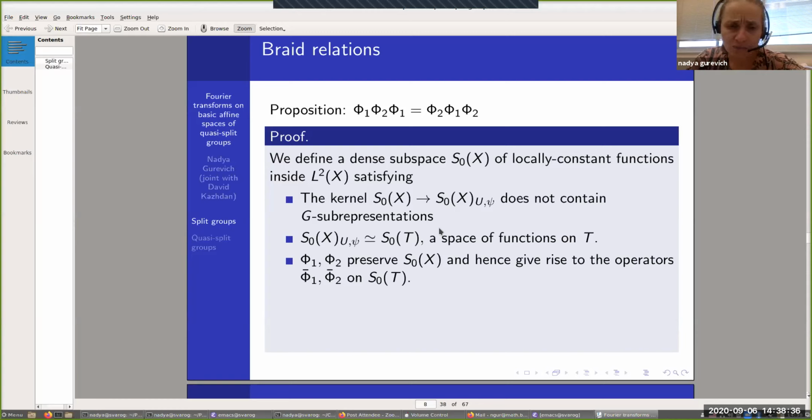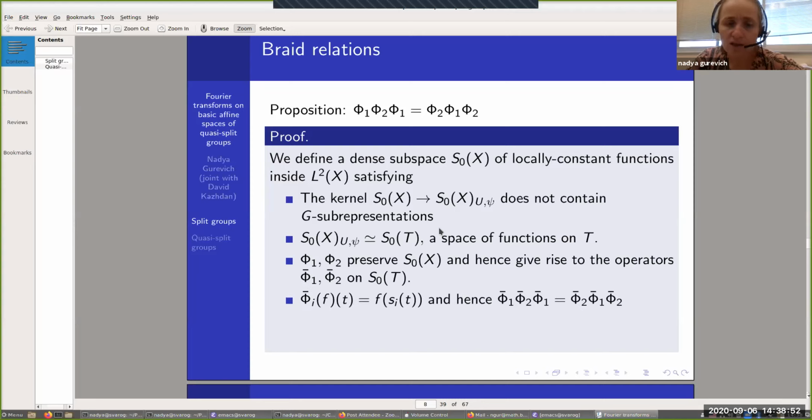But the idea is that the operators phi1 and phi2 both preserve the space, and hence they give rise to operators on coinvariance.